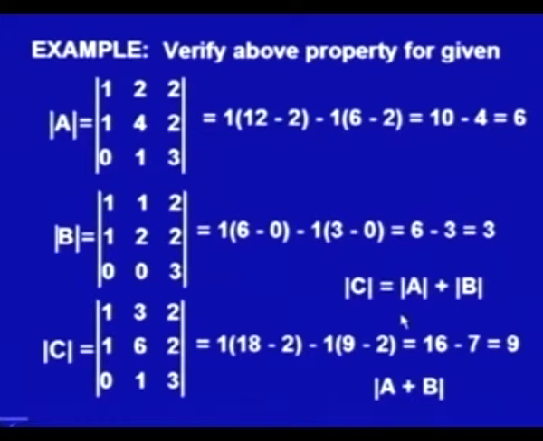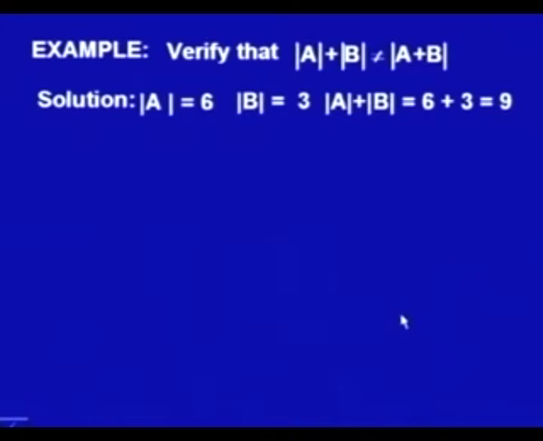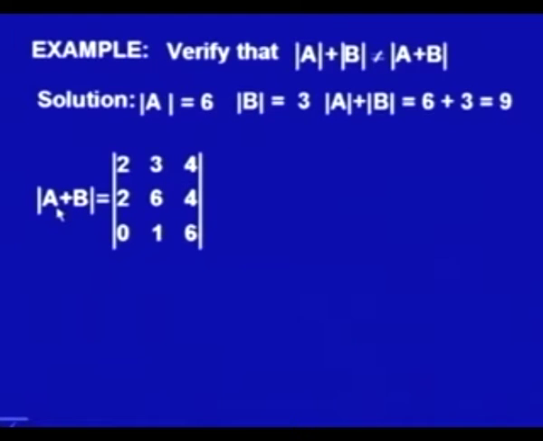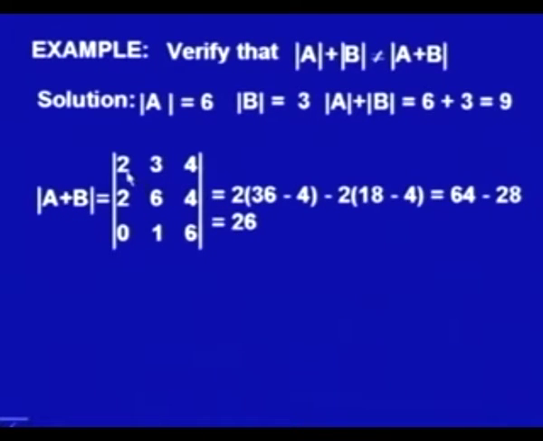But if you compute determinant of A plus B, then it will not come out to be the same. Let us see this. We have computed determinant A as 6, determinant B as 3, and determinant C as 9, but if you compute the determinant of A plus B, then this comes out to be 2 into 36 minus 4 minus 2 into 18 minus 4, that gives me 64 minus 28, and finally the determinant of A plus B is 26.